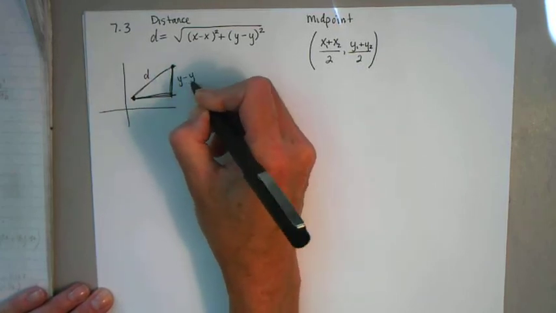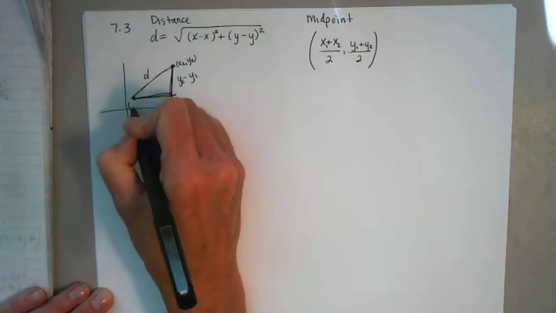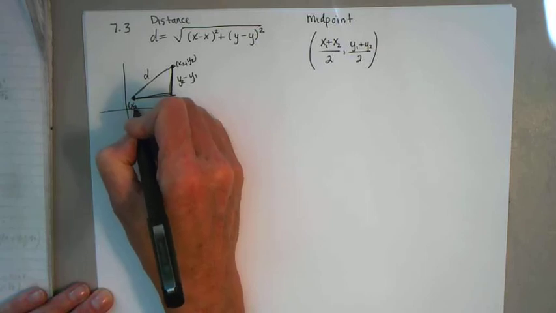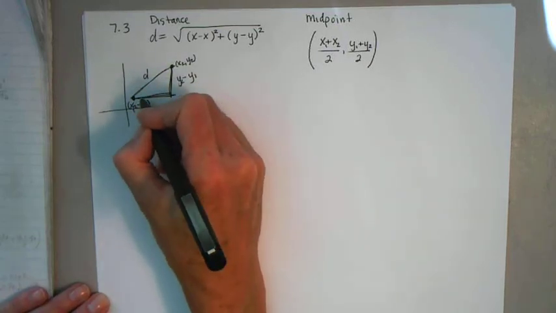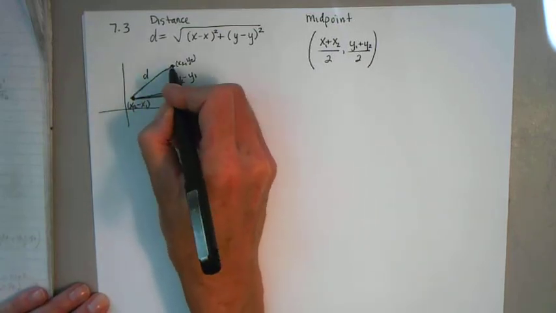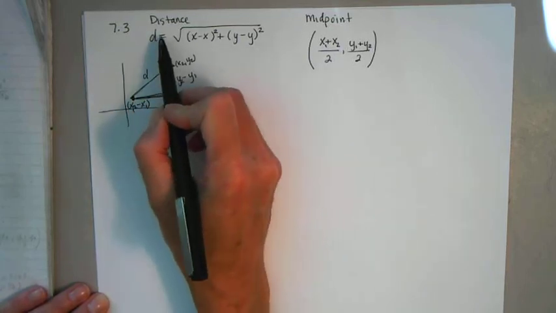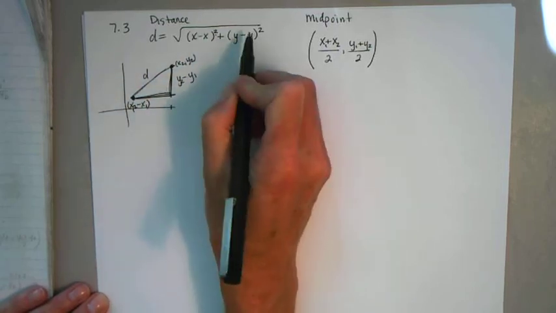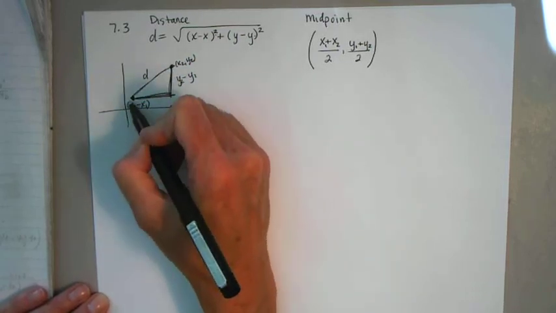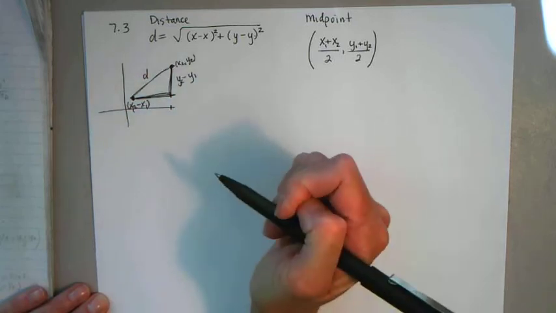So that's your y minus y. And I'll use the same x value first, so I'll have x2 subtract x1. So that's this length right here. So that's all it is. The distance formula is just the Pythagorean theorem. This side squared plus this side squared equals this side squared. But we don't want this side squared, so they take the square root of the other side.